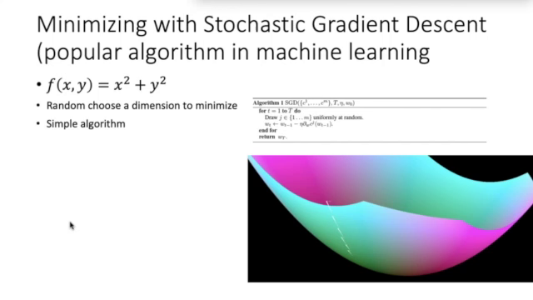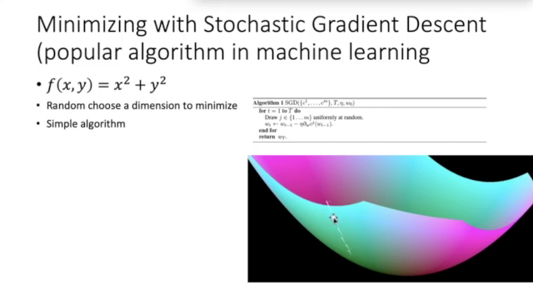Next, this is my other algorithm, called stochastic gradient descent. It's a popular algorithm in machine learning. This is the function I try to minimize. The step length depends on the derivative of the cost function.